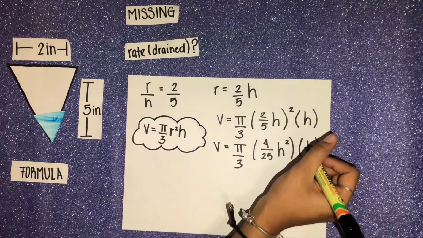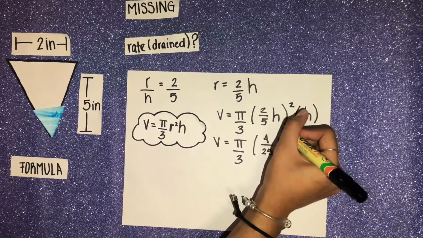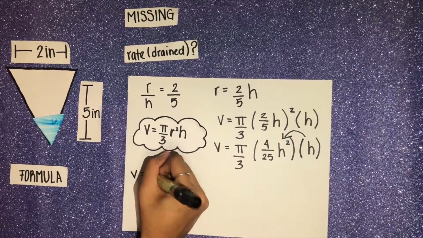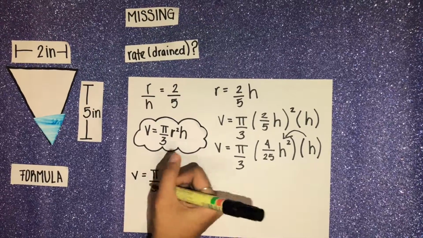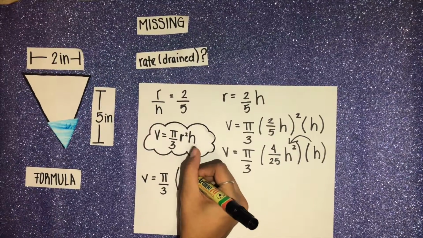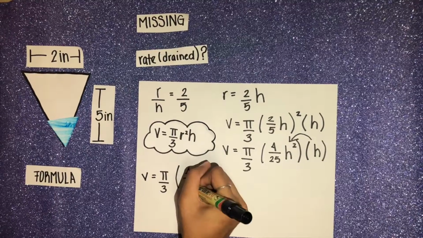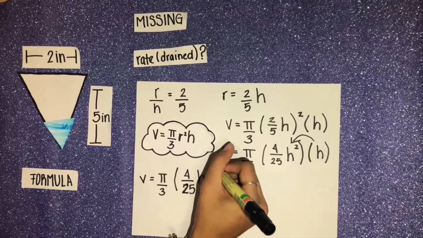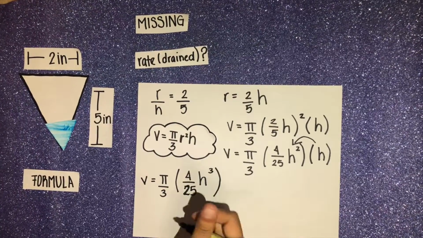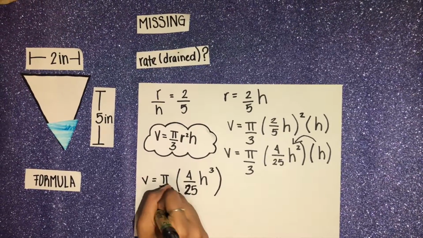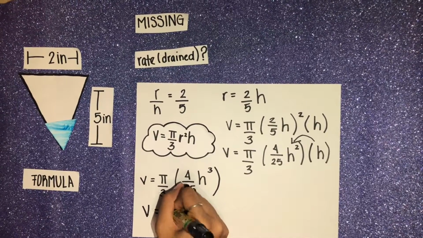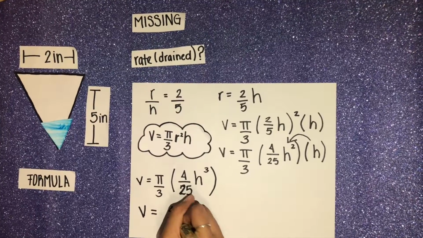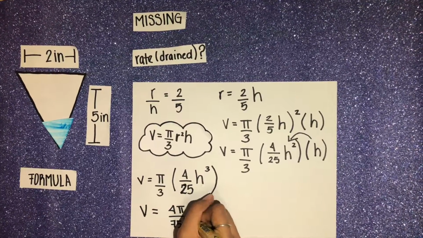Now we multiply both parentheses, and that gives us volume equal to pi over 3 times 4 over 25 h cubed. So that gives us volume equal to 4 pi over 75 h cubed.